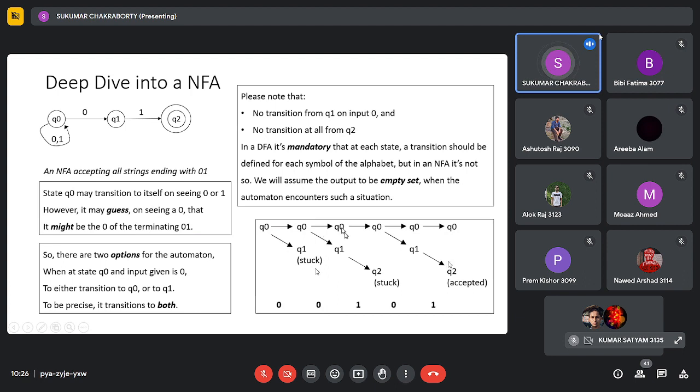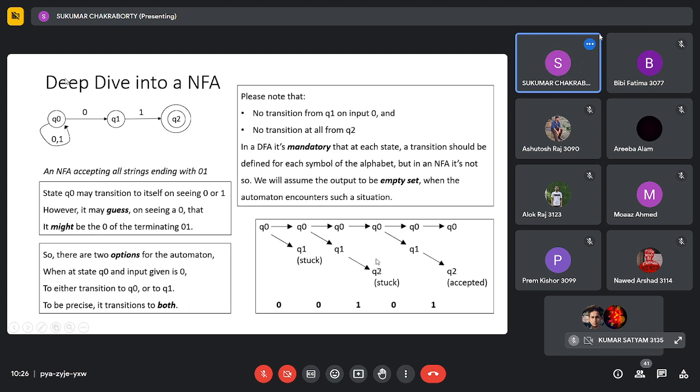So now these two branches are alive. Now you are feeding a 1. From Q0 on a 1 it moves to Q0, and from Q1 a 1 means Q2. So after this, the possible states are Q0 and Q2, and both the branches are alive.